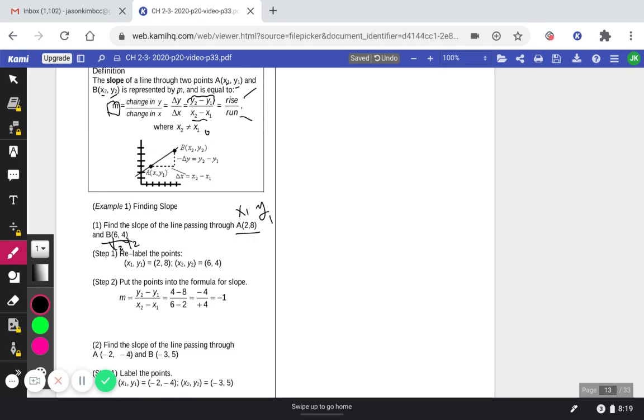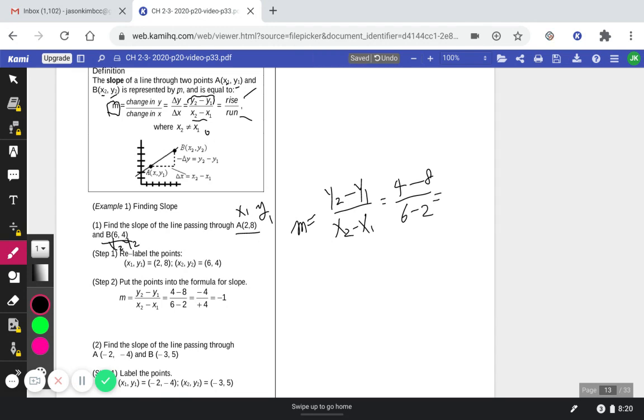And then m, which is slope, is y2 minus y1 over x2 minus x1. Y2 was what? 4. What was y1? 8. X2 is 6. And x1 was 2.